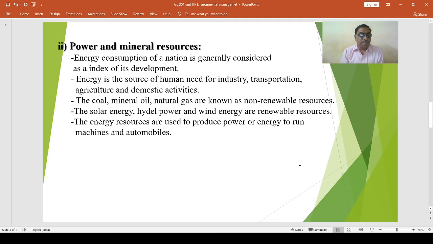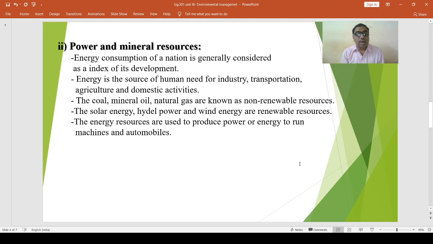Then petrocrops: certain latex containing plants like euphorbias and oil palms can yield an oil-like substance. Agriculture and urban waste biomass includes crop residues, coconut shells, etc.